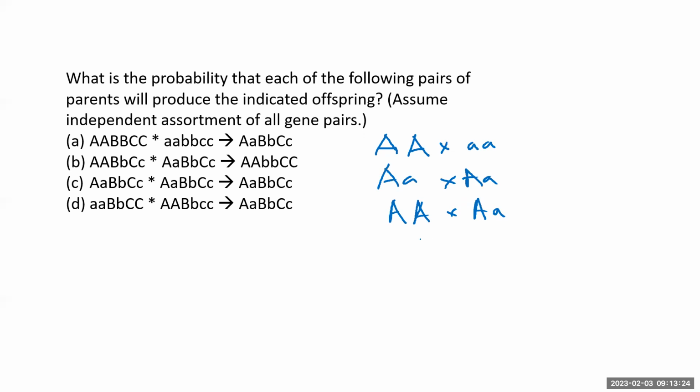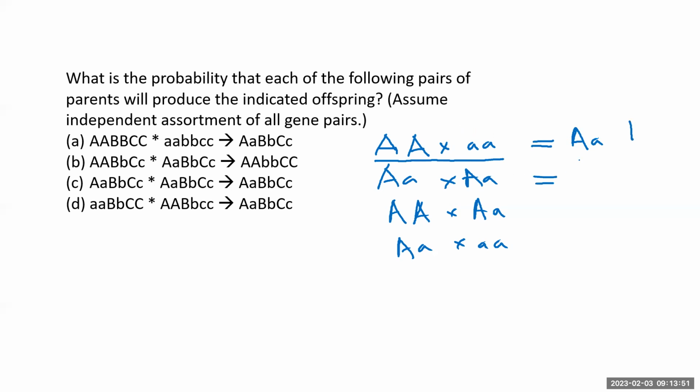We could also write it the other way, capital A, small a, small a, small a, right? If we take this as our base for this probability calculation, the resulting genotype probability is 1.